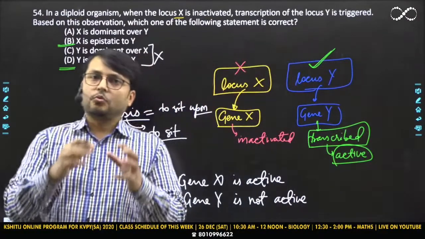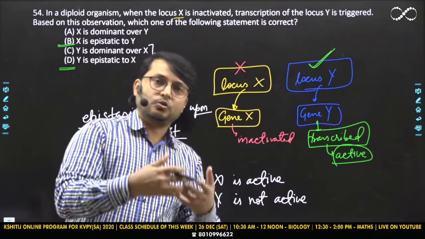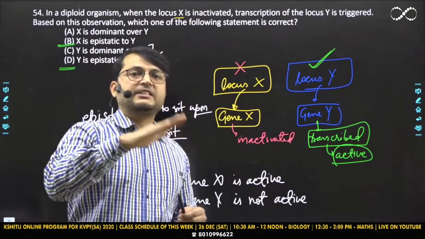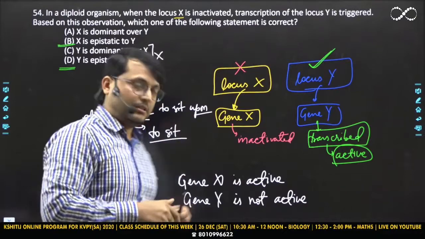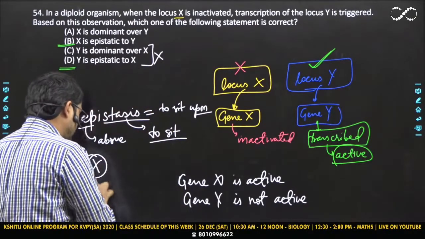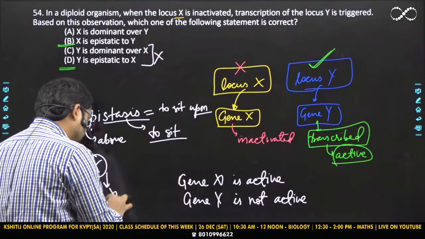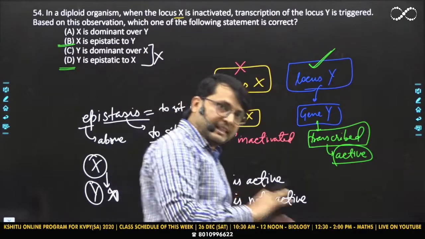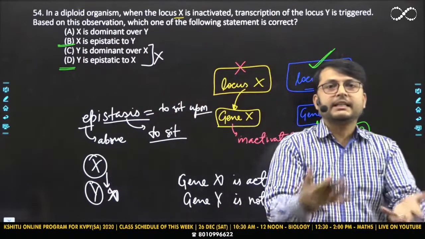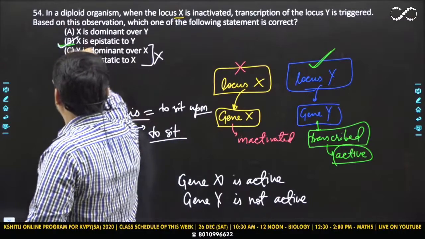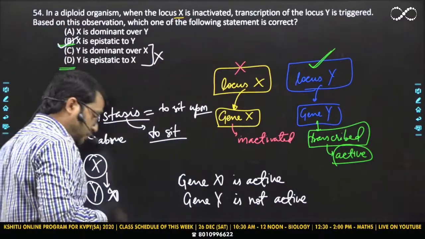So if one gene is epistatic to another, it means that gene is suppressing the activity of the other gene. Here, X gene is sitting over Y and suppressing the activity of Y. When X is removed or inactivated, then only Y can express itself. Correct? So the correct option is option B, that is X is epistatic to Y.